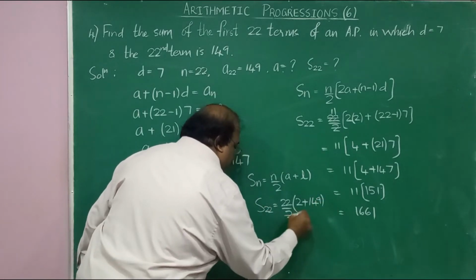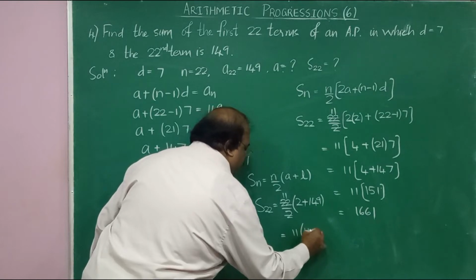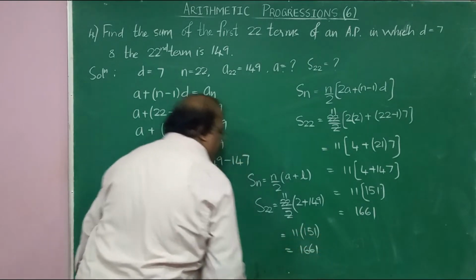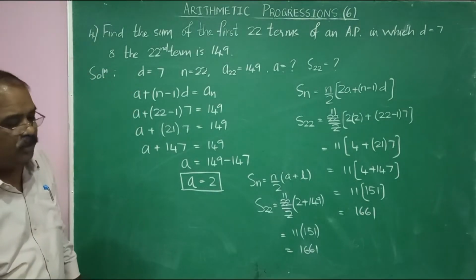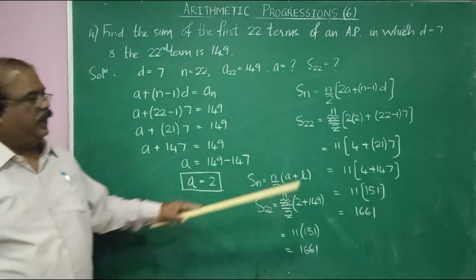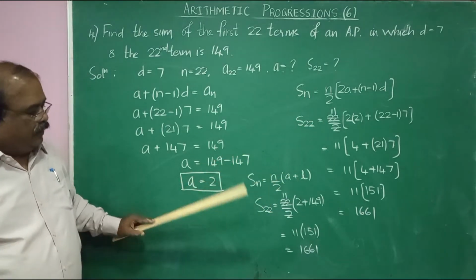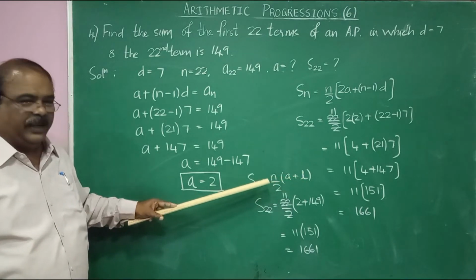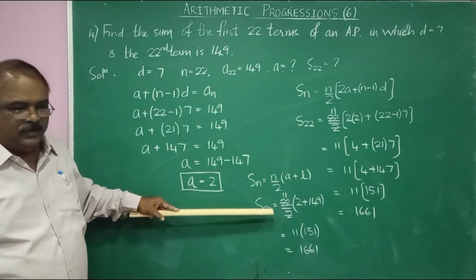So 2 ones are 2, 11 into 151, which is 1661. The second part of the sum, I have done it using both the formulas. I could use this formula because I know the first term, last term and the number of terms. It would have been easier if I had used this formula.